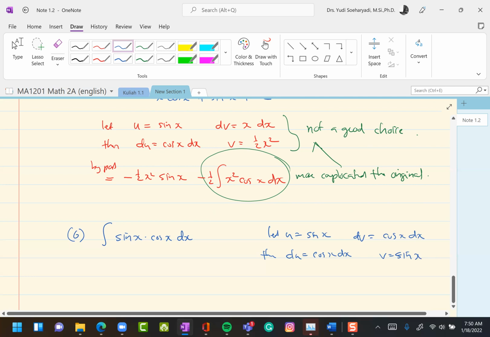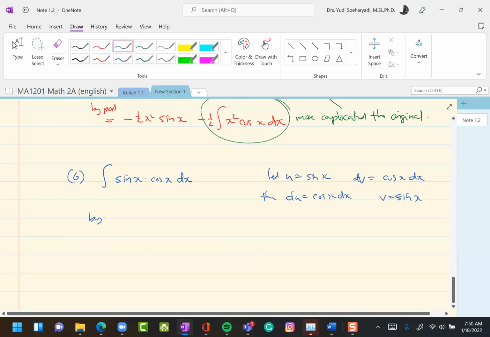So integration by parts, see what you get here. u times v is sine squared. And then the integral of v du.